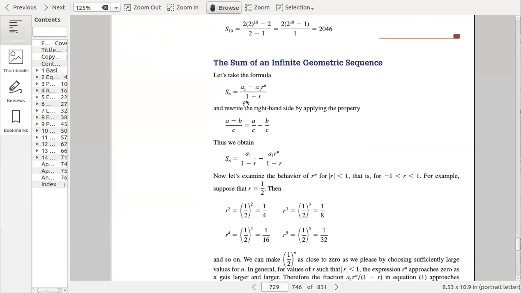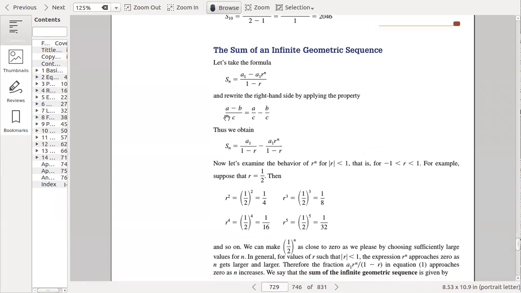Now we are interested to find the sum of an infinite geometric sequence. So let's take the formula to sum up n terms of the geometric sequence. We rewrite the right hand side by applying the property that (a minus b) over c can be written as a over c minus b over c.